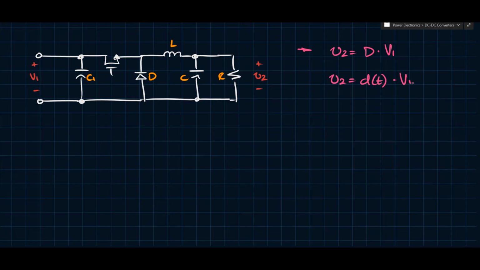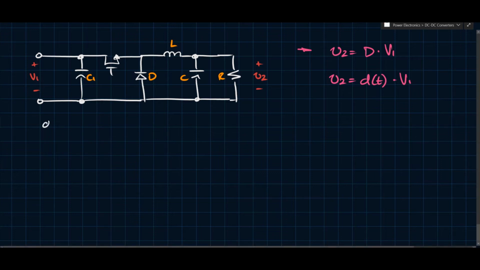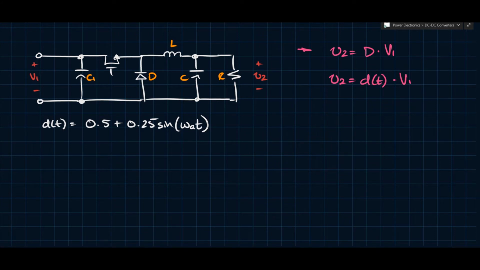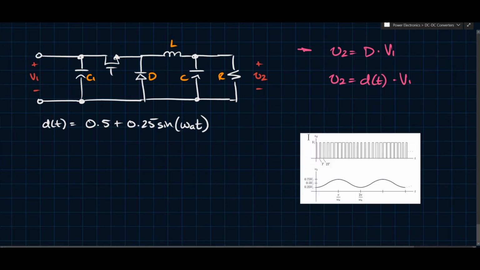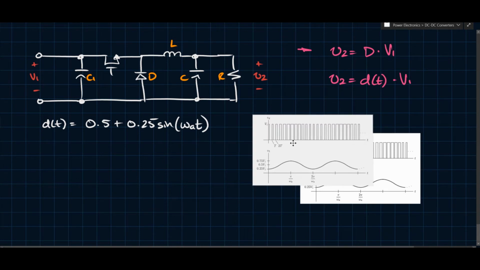Now suppose for a second that D of T equals 0.5 plus 0.25 sine omega A T, okay? Now if this is the case, and again, as I've done in the past, I'm going to cheat, I'm going to pull in this waveform here.